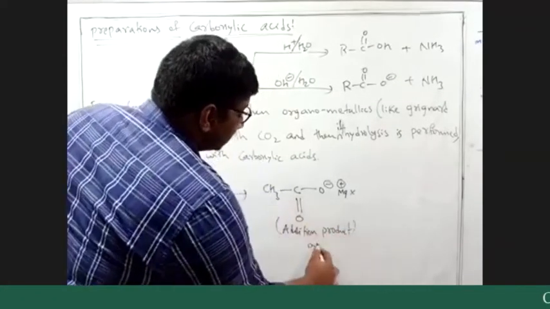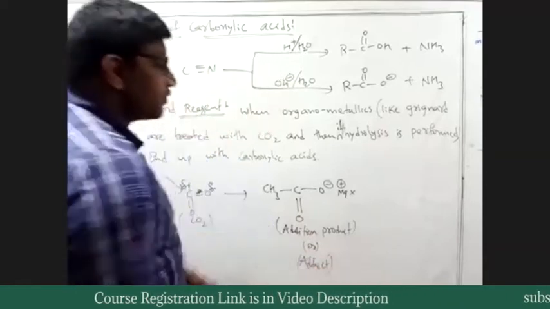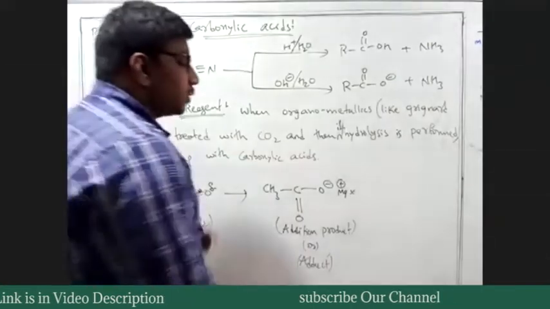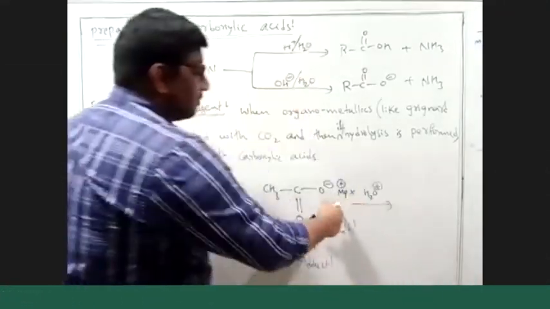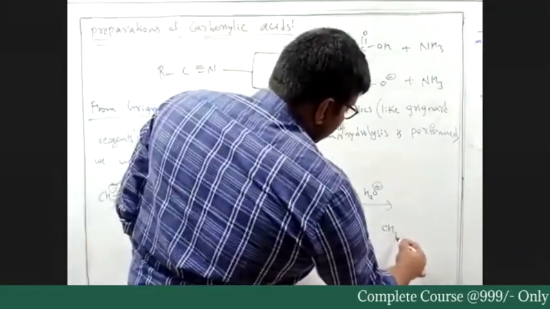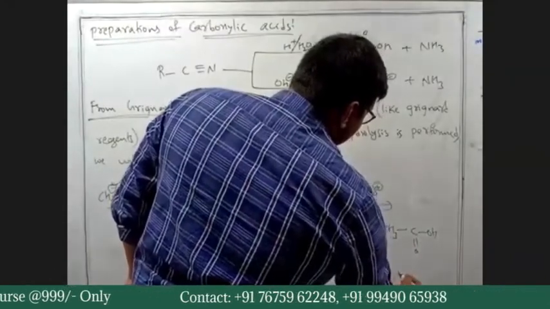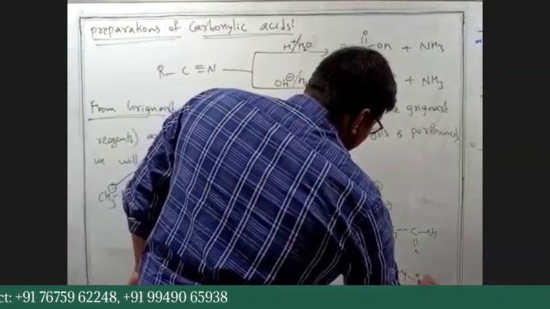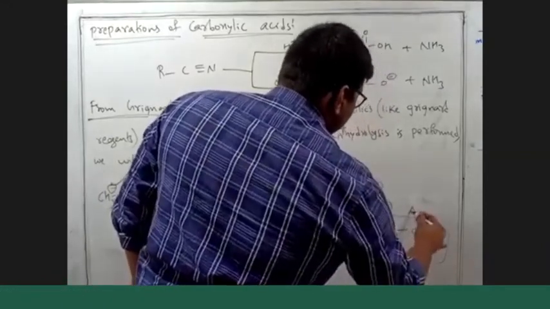This is an adduct. When this adduct is formed, you need to do hydrolysis. So this MgX will be replaced by OH: CH3COOH plus MgX(OH). So this is our respective acid.